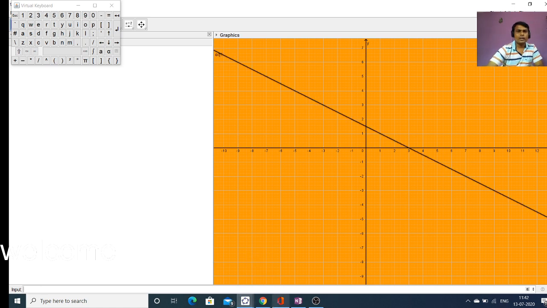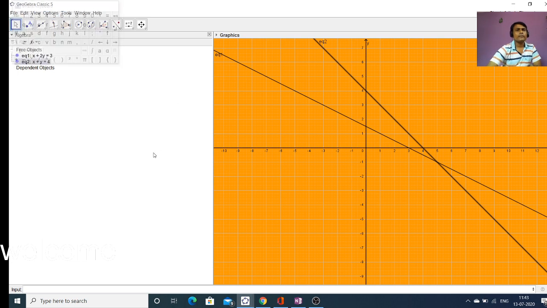And then I will take the other line, x plus y equals 4, and this is the second line. Both lines are intersecting each other here. Now this is equation 1, x plus 2y equals 3. The other line is x plus y equals 4.